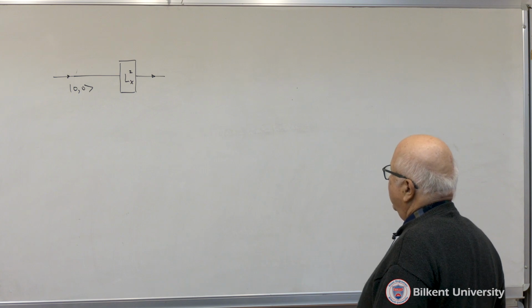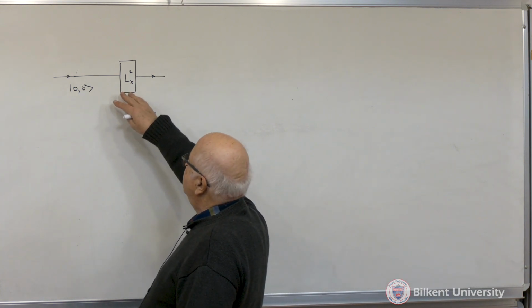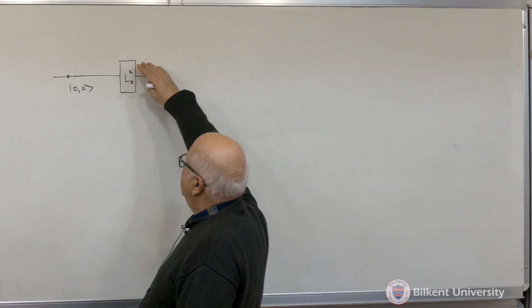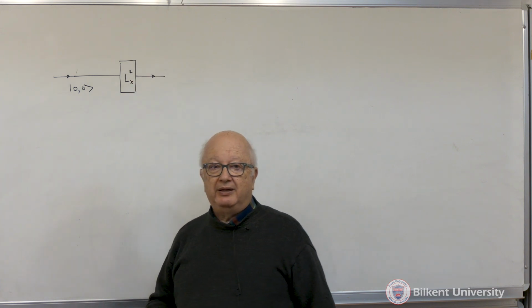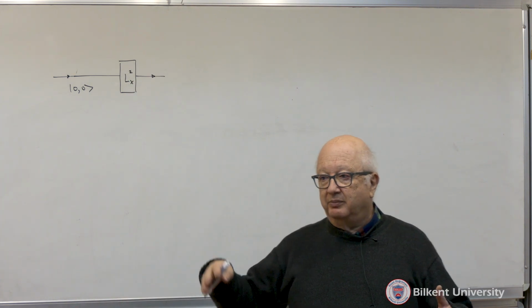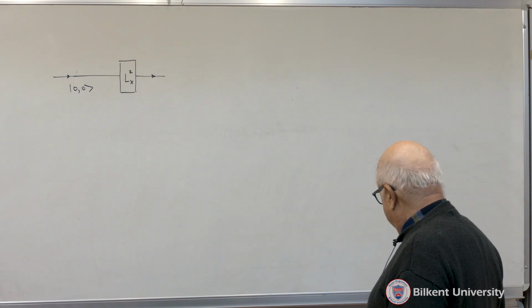Okay, so again, the possibilities that you would get in general for Lx is a set of mx's, which go from minus something to plus something, but let's just see.